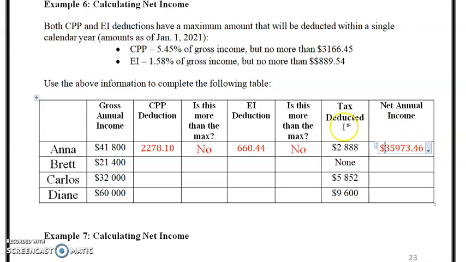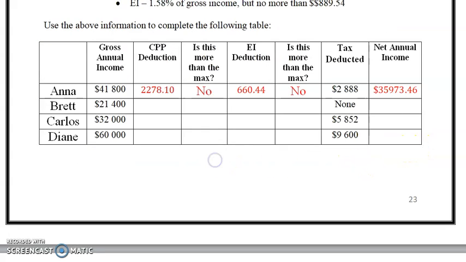I'll just make the chart a little bigger. There we are. And we'll do the same. So 21,400 multiplied by 0.0545, and we get $1,166.30.